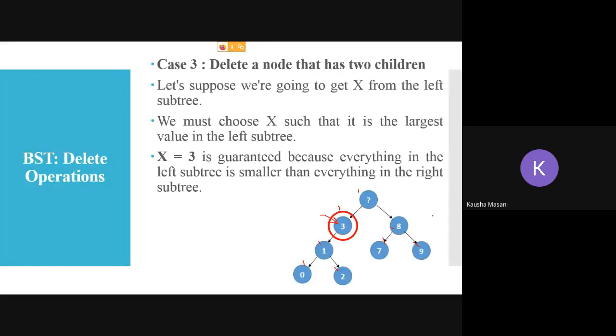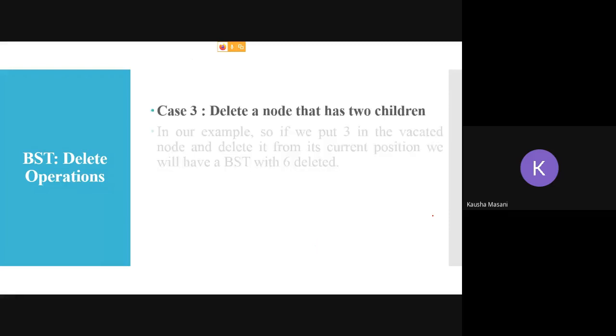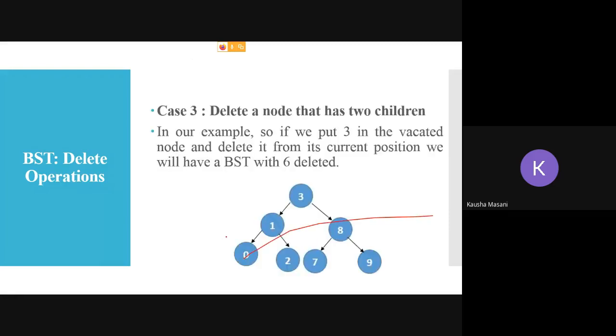But after doing that whole process of replacing and then deleting the node, how many nodes can you see in total? 7. Okay, so one node is deleted. That is how this deletion case is happening.